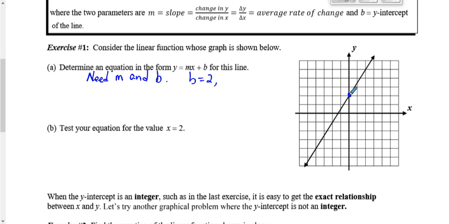And go to this one, which would be the next one it hits. Up 3. What now? Over to the right 2. So they're both positive, okay? So our m equals 3/2. So what's the equation? Y equals 3/2 x plus what?